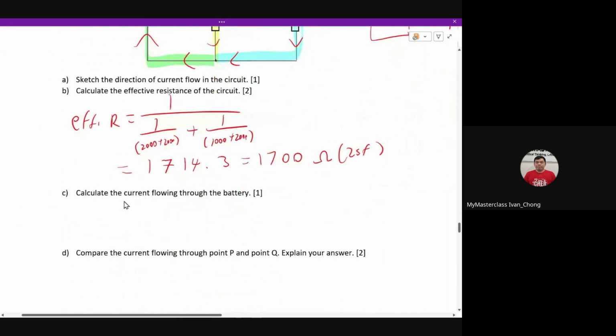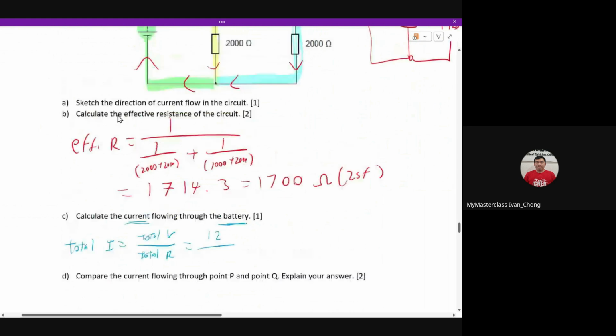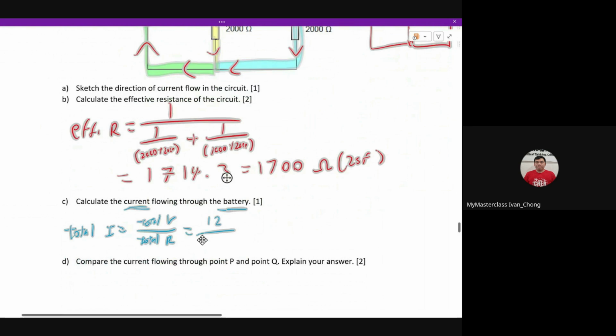So what's the current flowing through your battery? Keyword current, battery. So they're asking you for total I. If you want total I, first thing is the V equals IR formula, right? Total I, total V, total R. So ask yourself, what's total V? Total V is 12. Correct? What's total I? Total R is 1714.3.